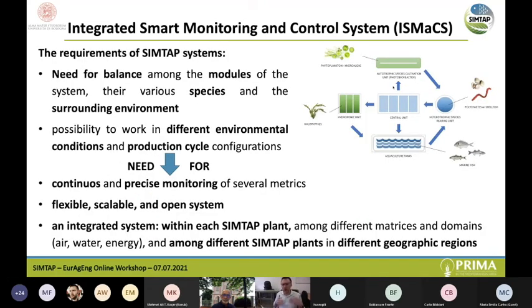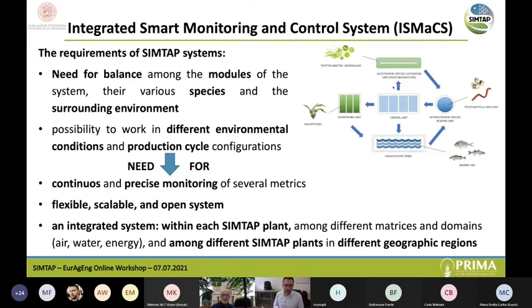SIMTAP systems are prototypes with a very advanced and visionary concept of integrating different trophic systems and levels in a unique system. Therefore, SIMTAP systems need a very precise and delicate balance among different modules of the system, as well as their various species and the surrounding environment.